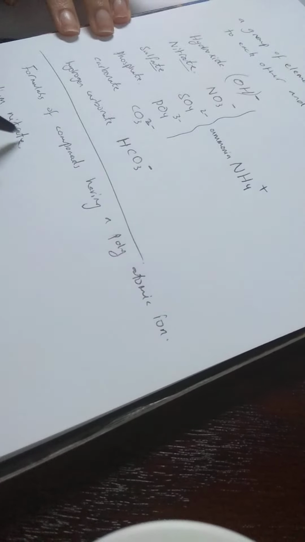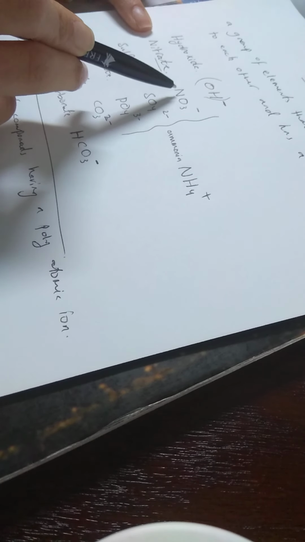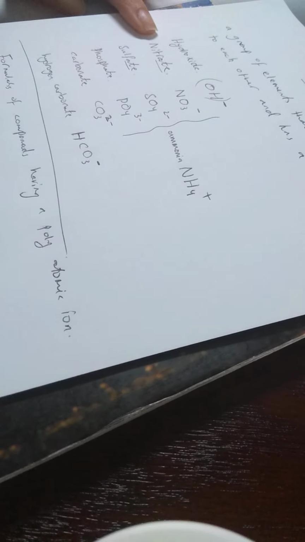Okay, sodium nitrate. As we said before, the nitrate, which is the polyatomic ion, NO3 minus, the bond between nitrogen and oxygen is a covalent bond. They are covalently bonded to each other, so we have a covalent bond.